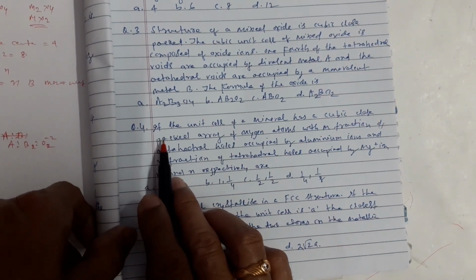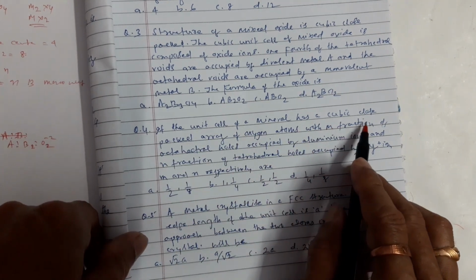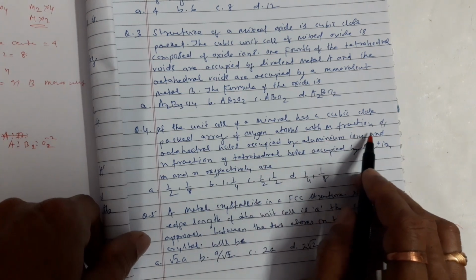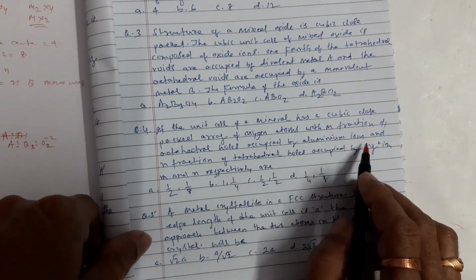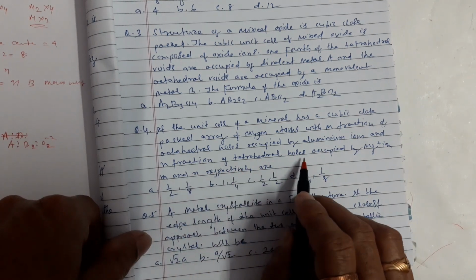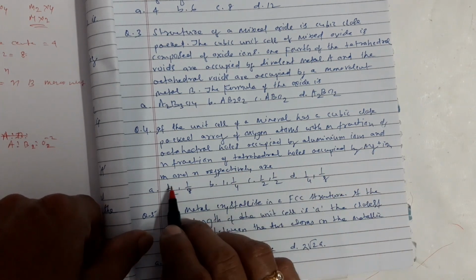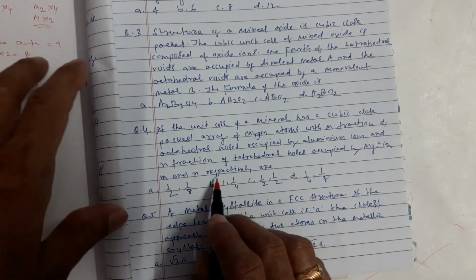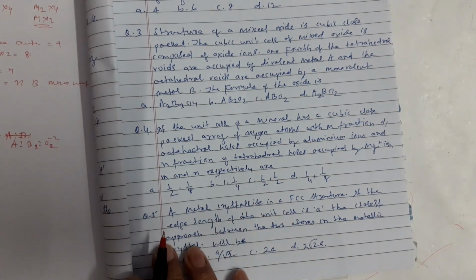Next, question number 4. If the unit cell of a mineral has a cubic closed packed arrangement of oxygen atoms with m fraction of octahedral holes occupied by the aluminum ions and n fraction of tetrahedral holes occupied by the Mg plus 2 ions, then find m and n respectively. How to do?